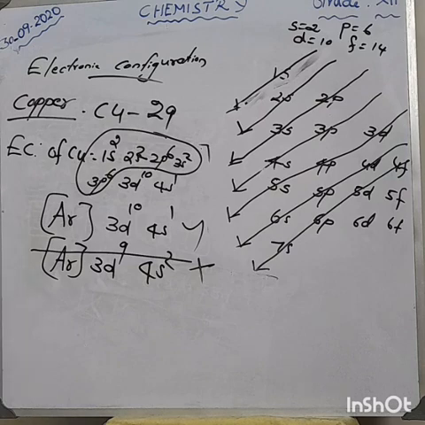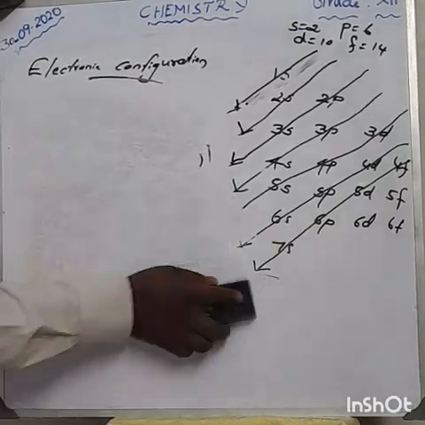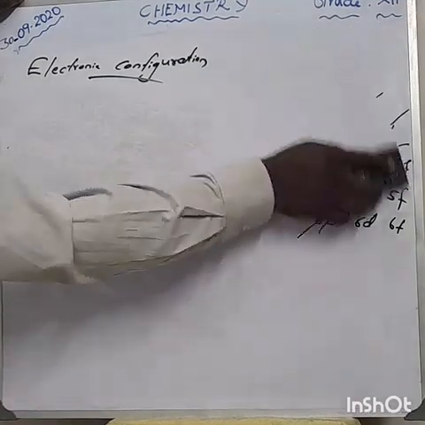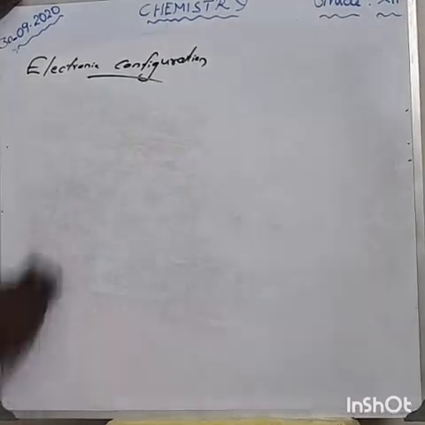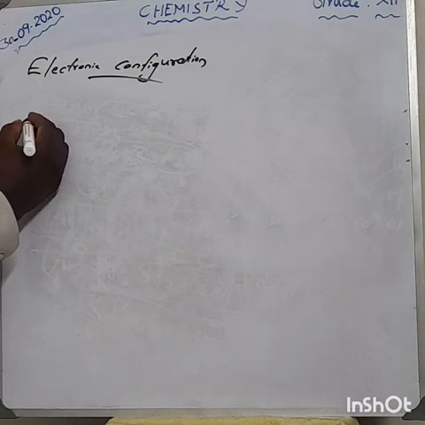And also, what is the general electronic configuration of d block element? That is the question. We are writing one noble gas.